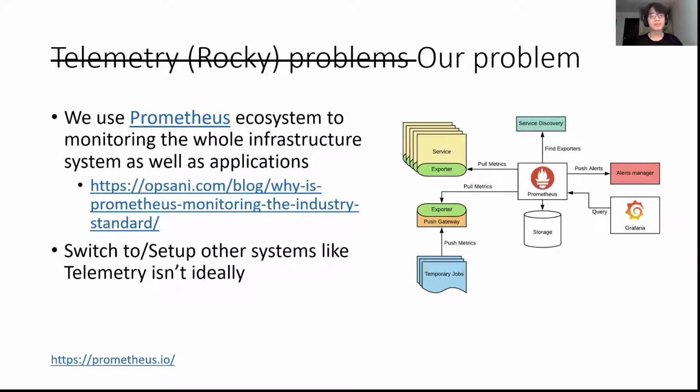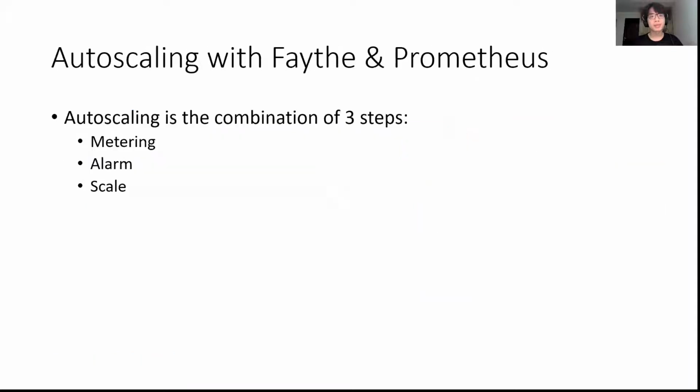As I was showing you, auto-scaling is a combination of 3 steps: metering, alarm, and scale. So in mapping to OpenStack, Heat and telemetry, Ceilometer and Gnocchi are in charge of metering, Aodh for alarming, and Heat for scaling.